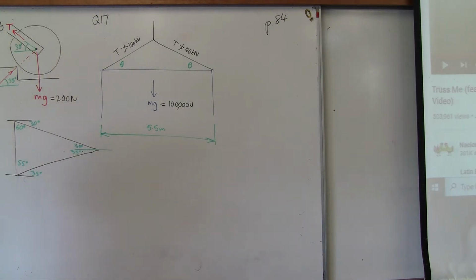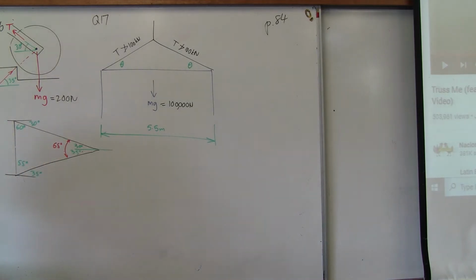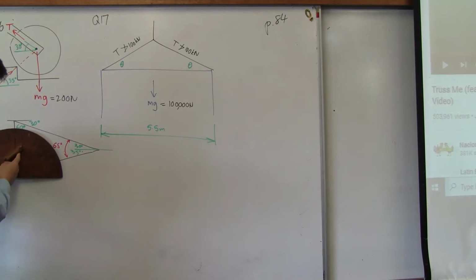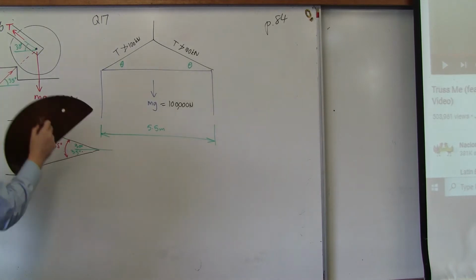The angle here, I really should have done that addition, is going to be 65 degrees. Now, I could just draw this to scale, and I've kind of drawn it. I haven't got a protractor out. I should have got my protractor out, but I didn't. Yeah, it'll do.